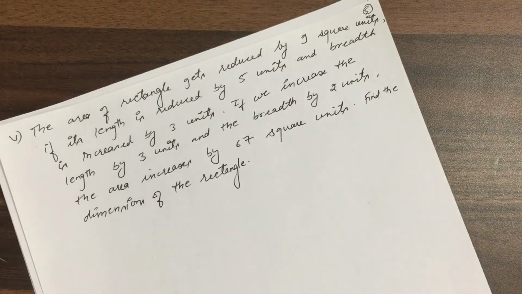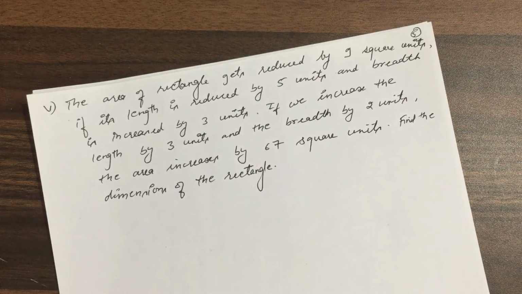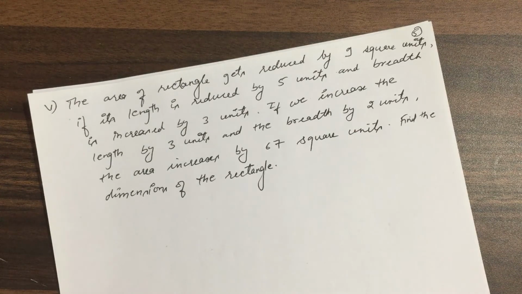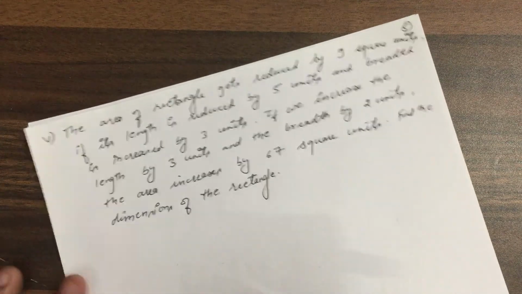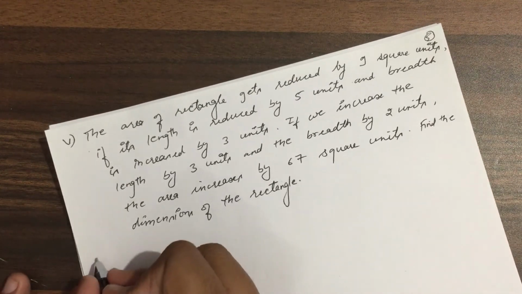Now we will come to the final problem. The area of a rectangle gets reduced by 9 square units if its length is reduced by 5 units and breadth is increased by 3 units. Now you have to find the dimensions of the rectangle.